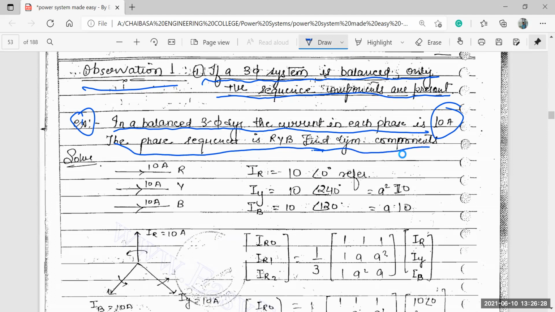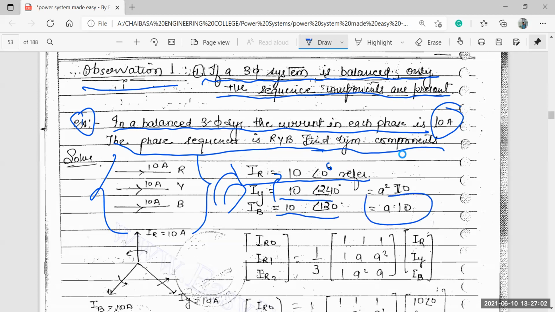Find the symmetrical components. So this is balanced, and in each phase there is 10 ampere current, which could be referred to in this manner: IR would be 10 at 0 reference, IY would be 10 at 240, that would again be referred to as A square into 10, and IB at 10 at 120 degree would be considered as A into 10, right?